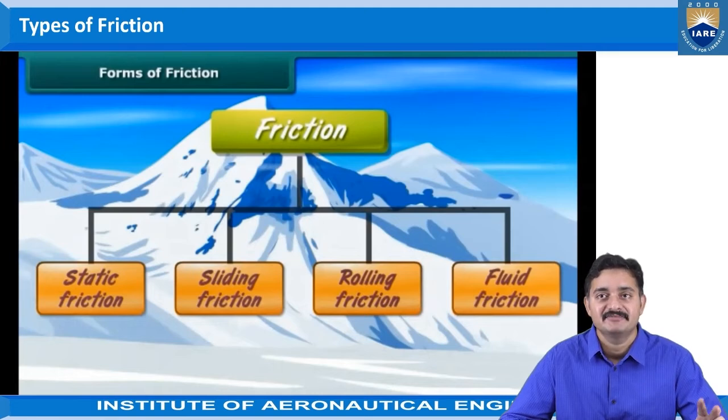Sliding friction is the friction that is prevailing when the object is moving, like we can see in the sliding of the roller skates. Rolling friction is seen in the ball which is rolling on the floor. And fluid friction is the friction which comes into picture when fluids are obstructing the movement of any object.